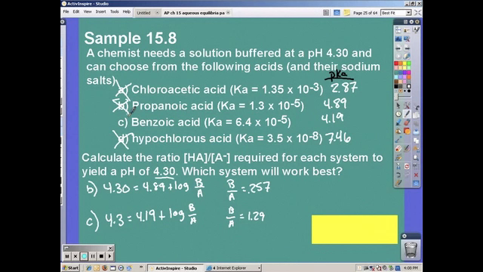So C is closest to 1, so that's our better buffer. But we want the ratio of acid to base. So we need to do the reciprocal, or 1 over 1.29, to get that ratio, which is 0.78. Make sure you know what that means. That's 0.78 molarity acid and 1 molarity base.